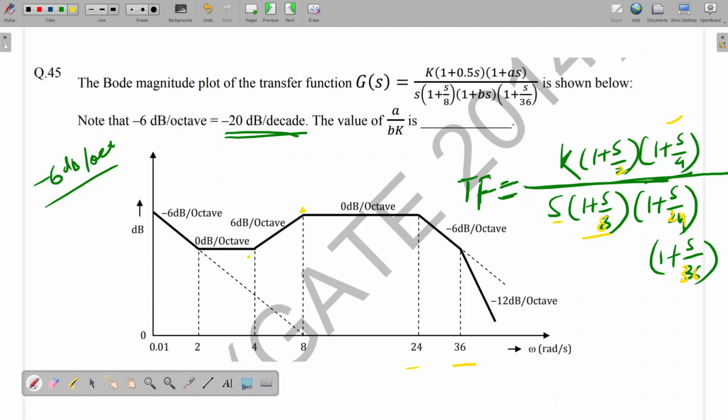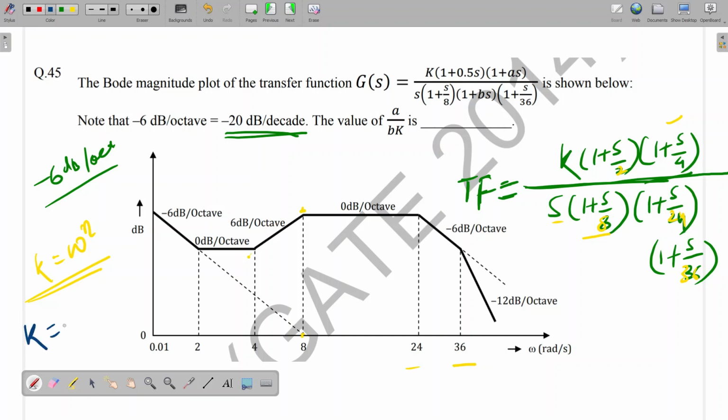Okay. So one formula also I have told: if any line is there and it is crossing some value, a straight line, then K will be equal to omega to the power n. Here omega is equal to 8. So how can we find the K value?